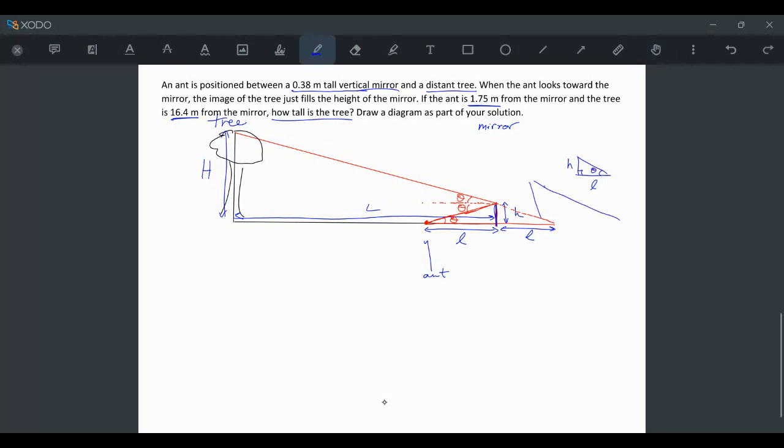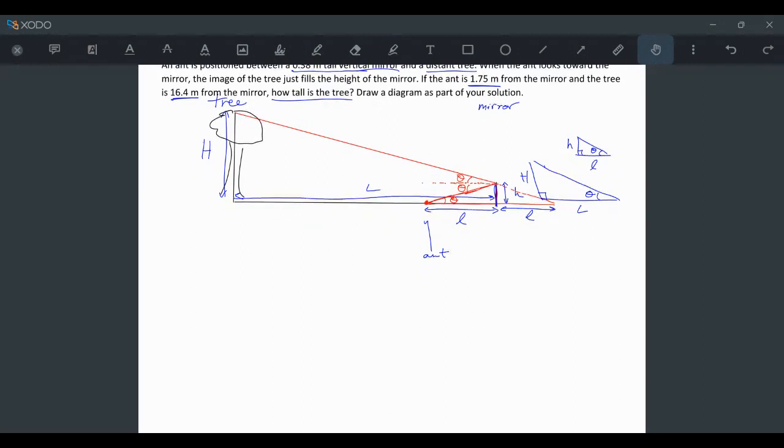And then we have this bigger triangle, also has an angle theta, H, big L. So if you have three angles that are the same, which these do, the theta, there's 90, and then there's whatever 90 minus theta is, then these are similar triangles. If these are similar triangles, then the ratios of the sides are equal.